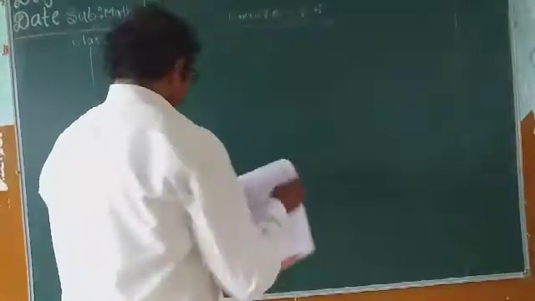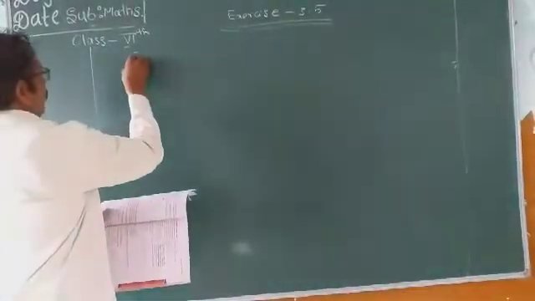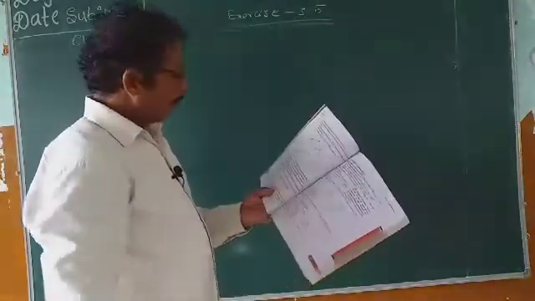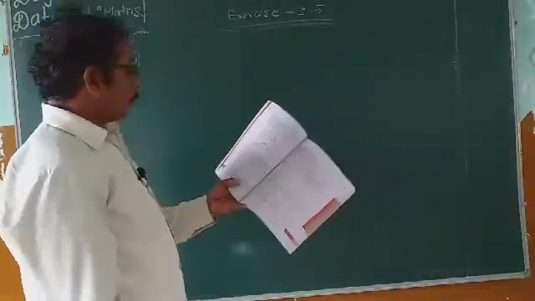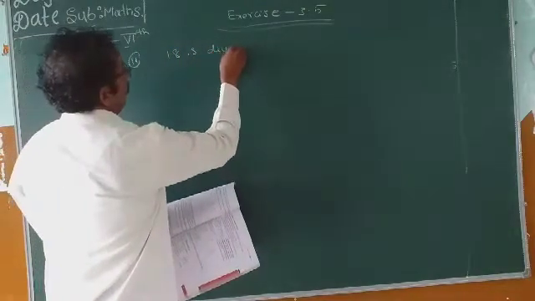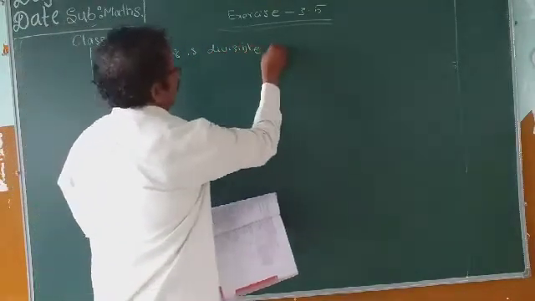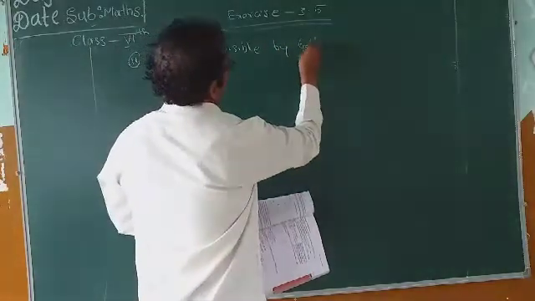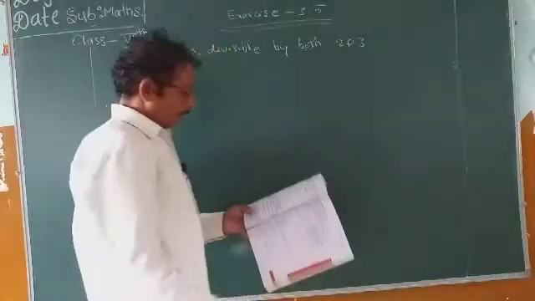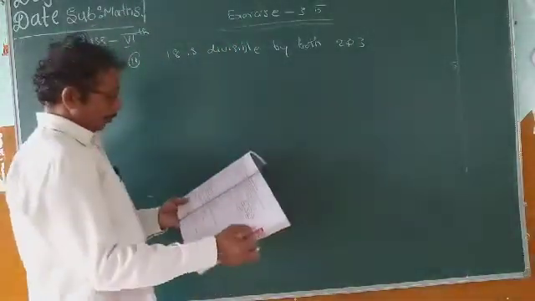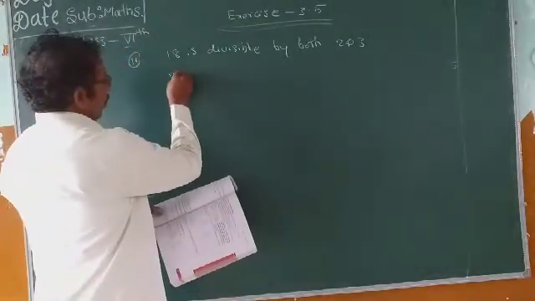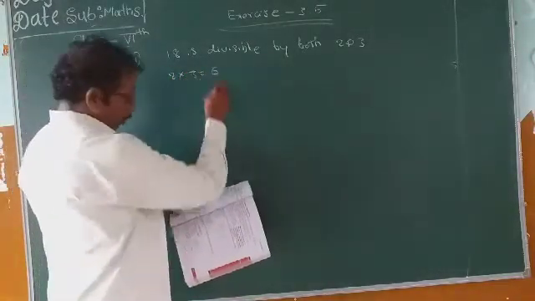Question number 11. The question says that 18 is divisible by both 2 and 3. 2 into 3 is equal to 6.